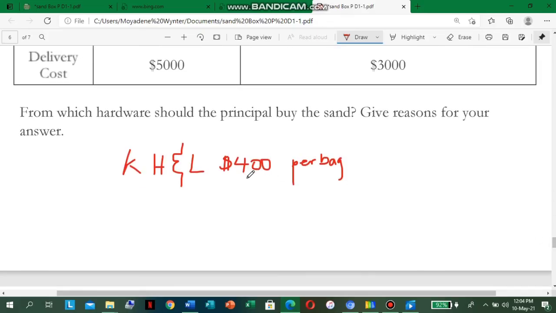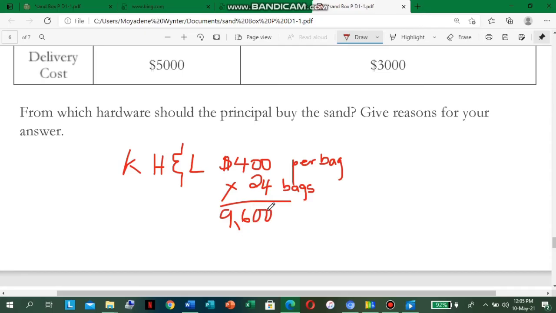Therefore, we have to multiply 24 bags by $400 per bag. When we multiply this, we get 9,600.